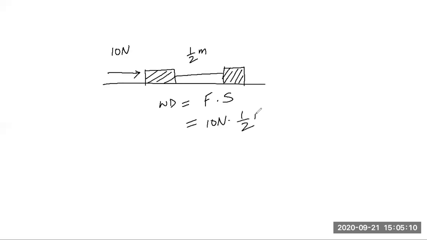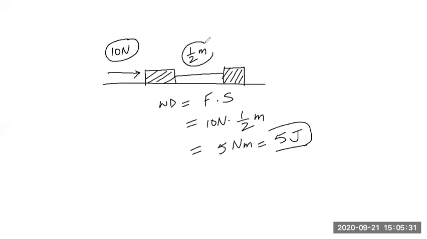Distance is half meter. That is equal to 5 Newton meter, equal to 5 joule. All right. So from this we can understand, if 10 Newton force has moved the body by half meter, and suppose the same force of 10 Newton doubles the distance, the work done will also get doubled. It will be 10 joule.